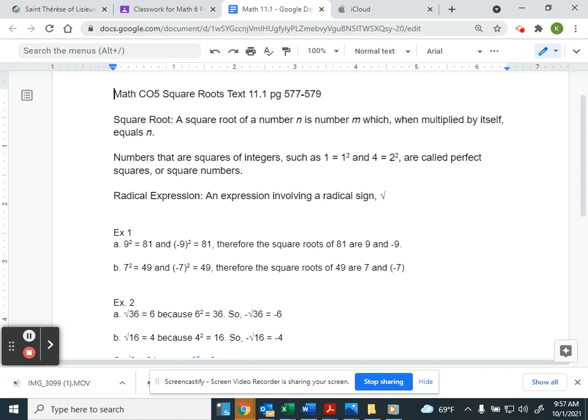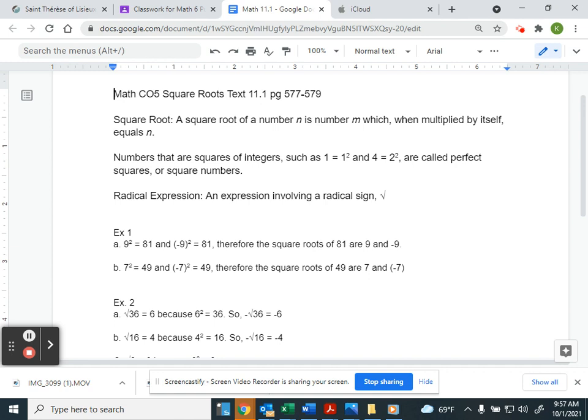So example 1 was 9 squared equals 81, and negative 9 squared would equal 81. Because we know a negative times a negative, the answer is a positive. Therefore, the square roots of 81 are both 9 and negative 9. Because either one, you would get 81 as the answer when you square them.